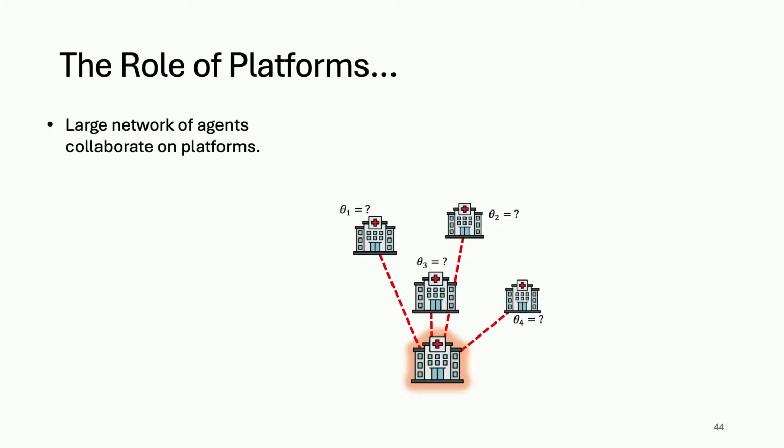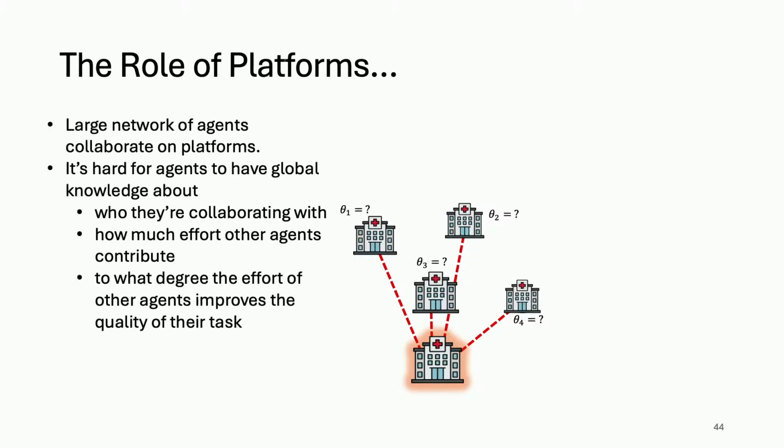And in practice, before we move on, let's consider the role of a platform. Usually for collaboration, there are a lot of agents. And it's hard for the agents to have global knowledge about who they are collaborating with, how much other agents contribute, and to what degree the effort of other agents improves the quality of their task.